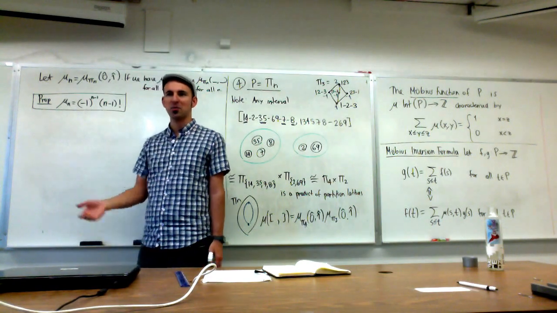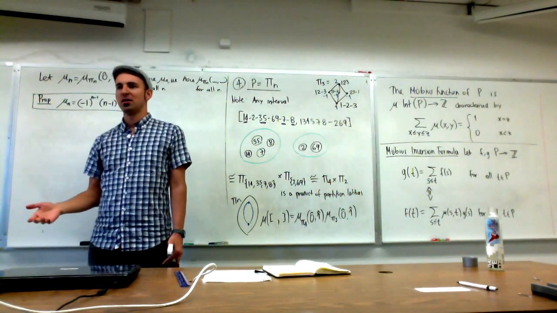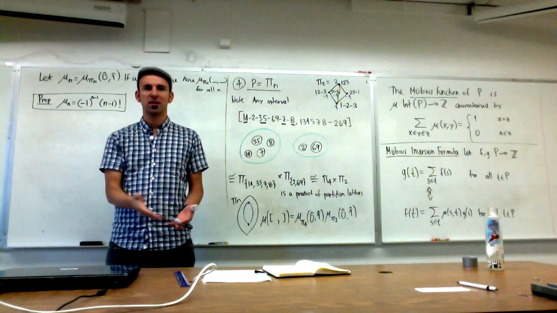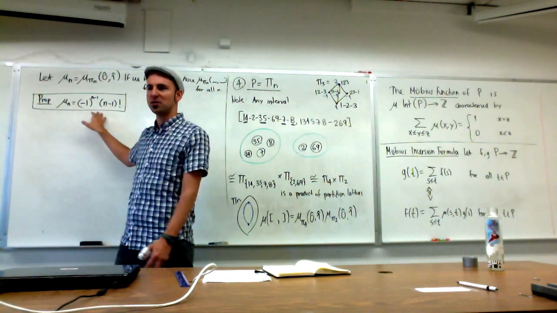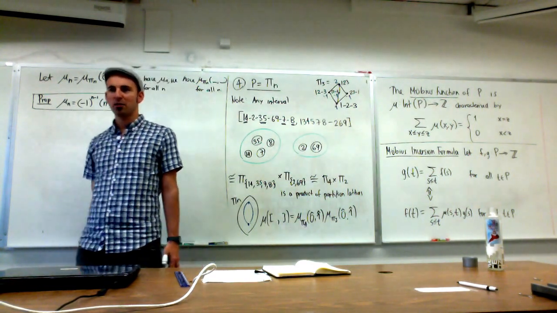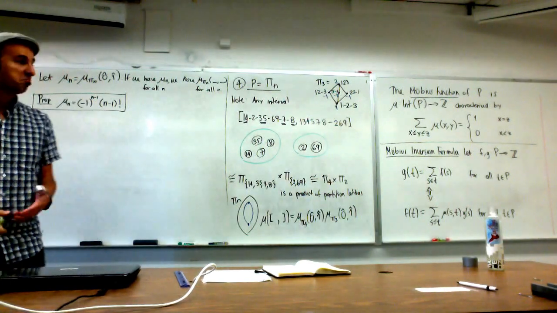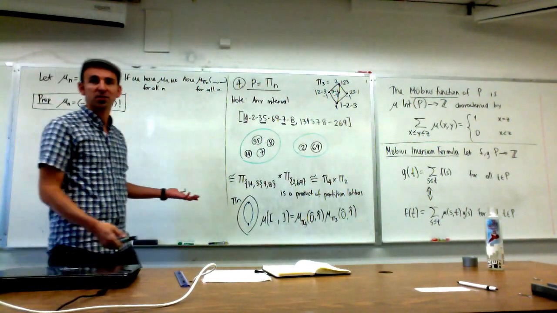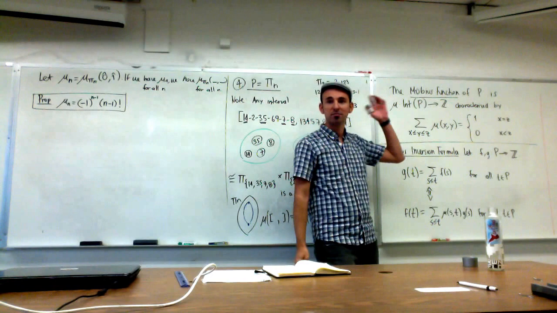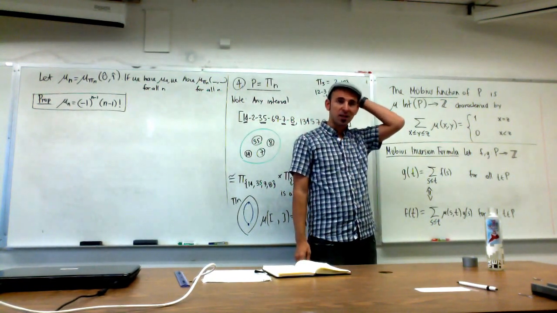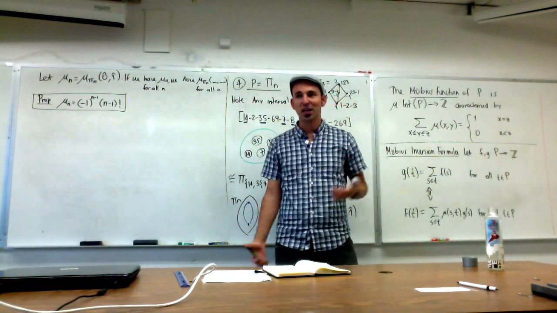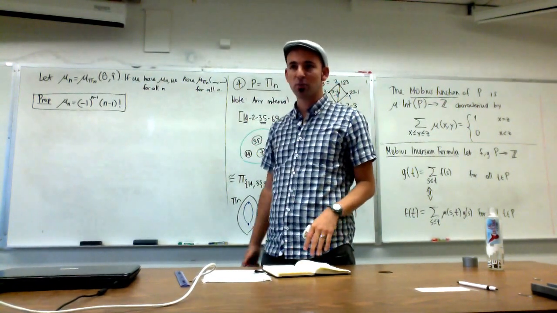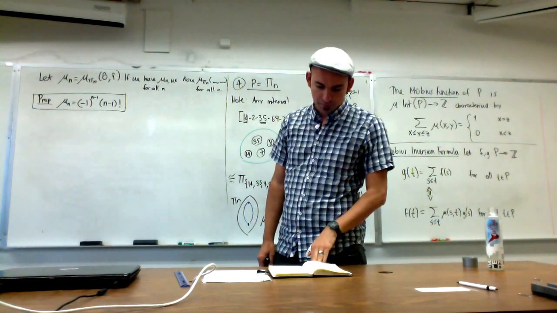If we had some kind of proposition that said the Moebius function is the number of ways of doing something, then probably we could prove this without too much difficulty. But right now, the only description that we have of the Moebius function is this strange thing. And so this is quite a tricky thing to prove. Okay?